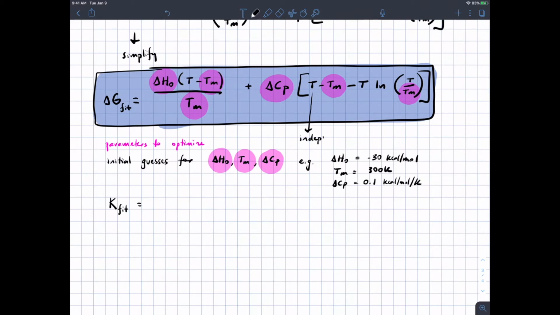Temperature here is your independent variable, and you're going to get that from your data. The fitted equilibrium constant is going to be the number e raised to the power of minus delta G fit that we calculated, divided by RT. And of course, R is the universal gas constant in the units that I just talked about.